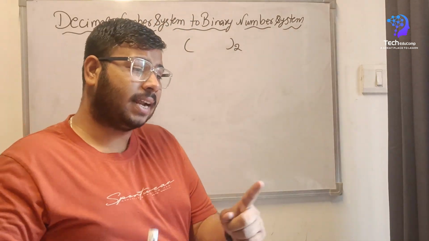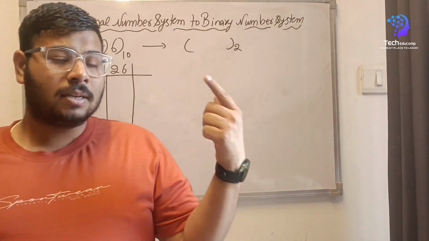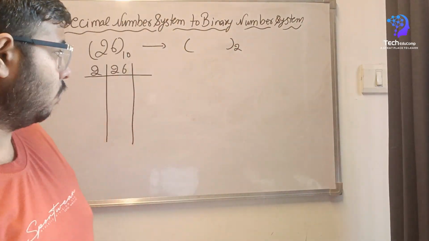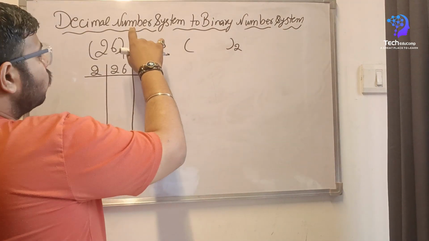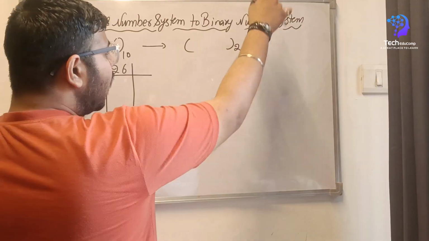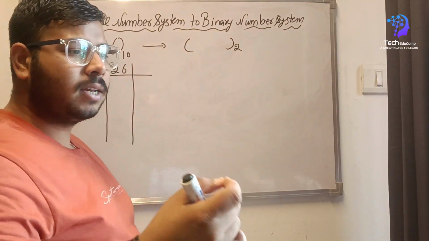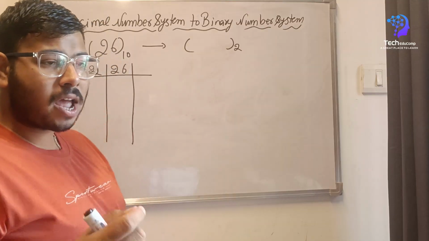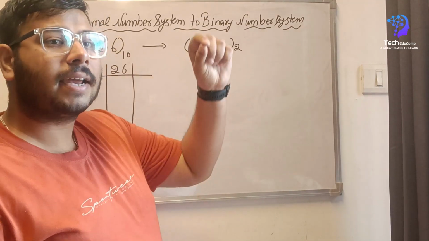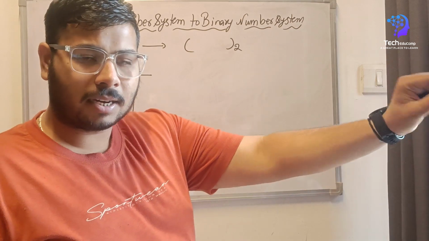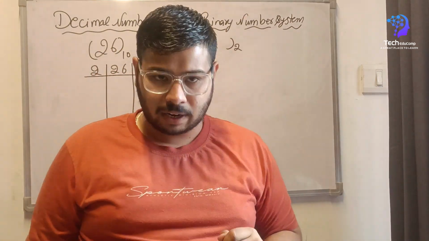But if you are converting to another number system, then you divide by that base. Suppose I have to convert from decimal to some number system whose base is n. Then I have to divide the decimal number by that base to get the values.